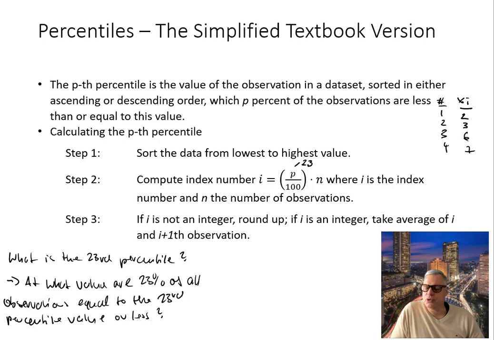Okay, so now if I want to know the 23rd percentile, I would identify the index number. Instead of number, I should have better written I.